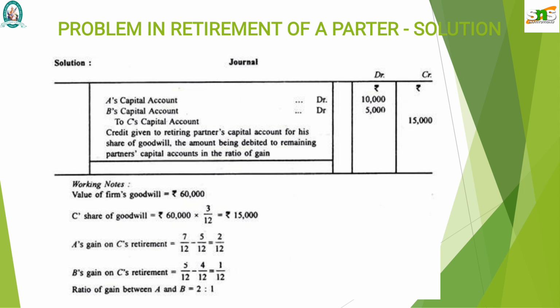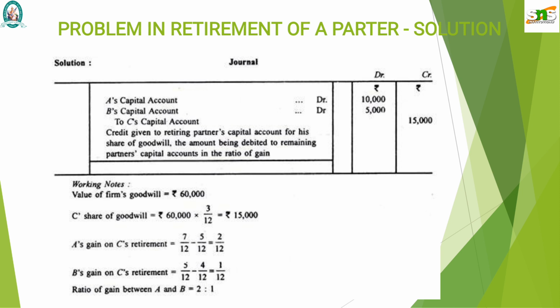Likewise, B's gain on C's retirement is equal to 5 by 12 minus 4 by 12. 5 by 12 is the new ratio and 4 by 12 is the old ratio. So new ratio minus old ratio is 1 by 12. So 2:1 is the gaining ratio of A and B on C's retirement.